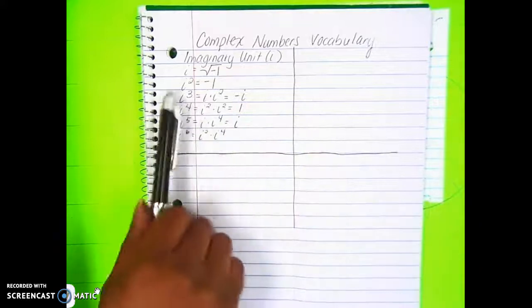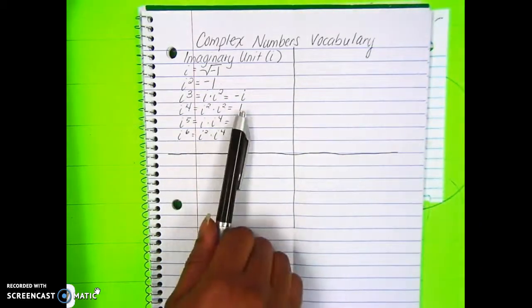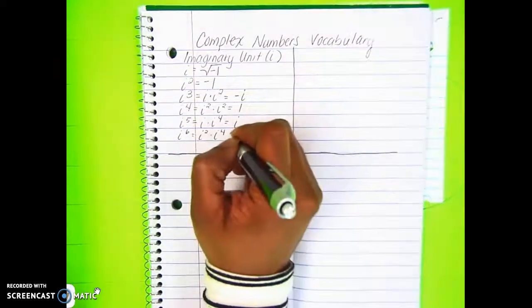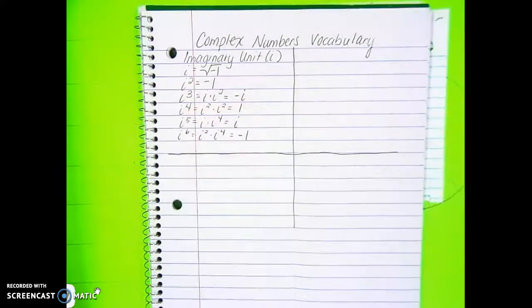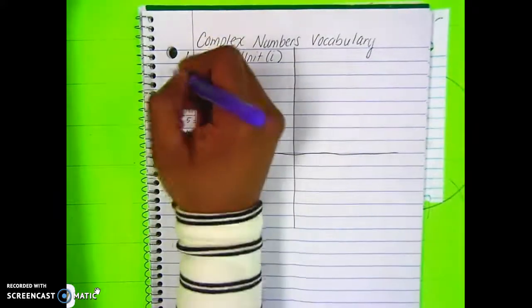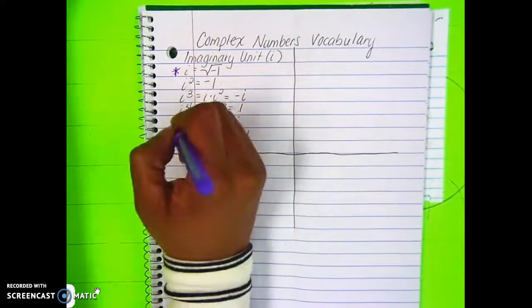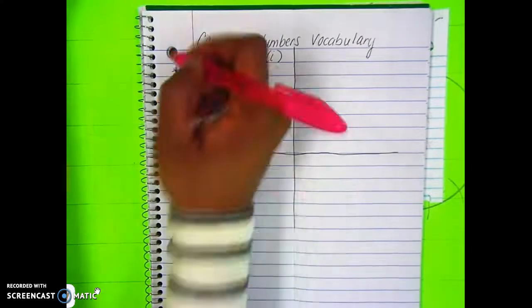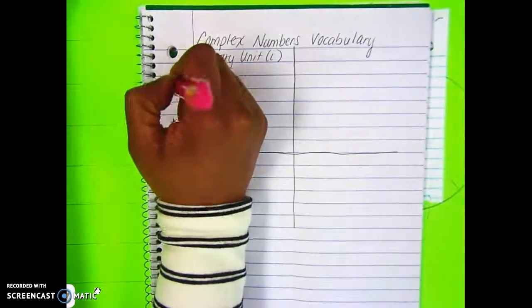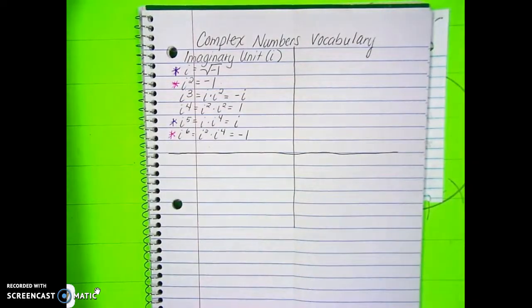We know that i squared is -1 and i to the 4th is 1, so 1 times -1 is -1. As you can see, they started repeating themselves. Here's i, and i to the 5th is also i. i squared is -1, and i to the 6th is also -1. They'll just keep repeating themselves like that.